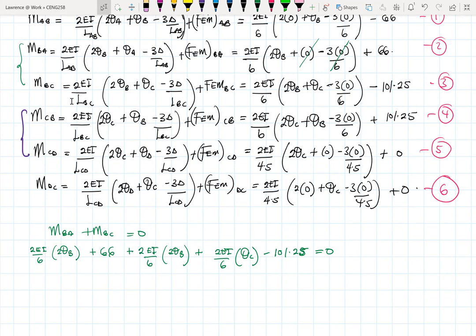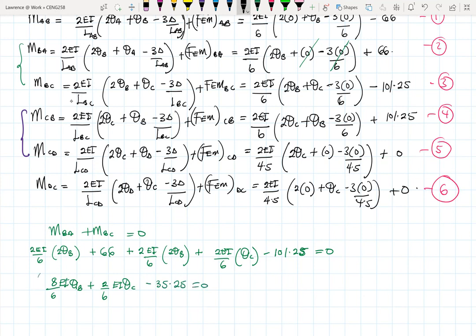If you sum these two, 4 over 6 and 4 over 6, you get 8 over 6 theta B, bring my EI along. Then we add the 1.6 and the 6 to the 101.25, and I think we'll end up with minus 35.25 equals 0.